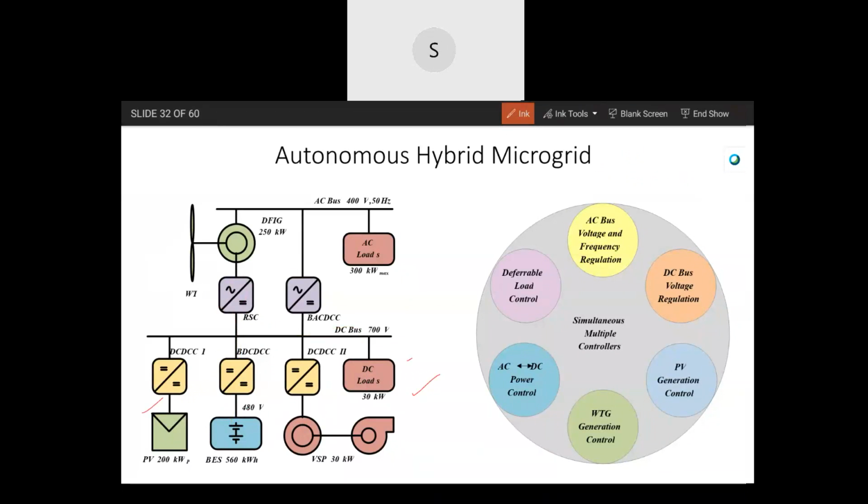Then that excess power can be stored, but it can also be given to the AC network and used there. This power transfer can be done through this bidirectional AC-DC converter. Any power demand unmet on the AC side can be taken from the DC side by this converter to the AC side. Similarly, excess power from here can be transferred. So this also needs to be controlled for the power transfer.